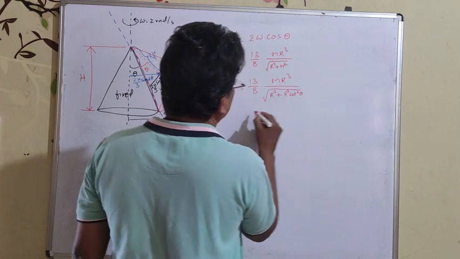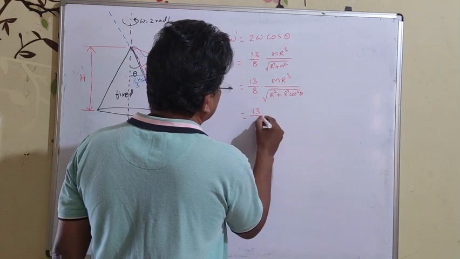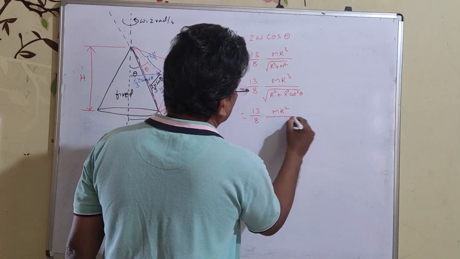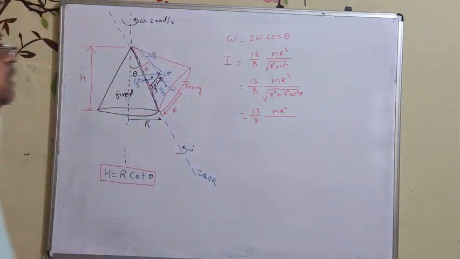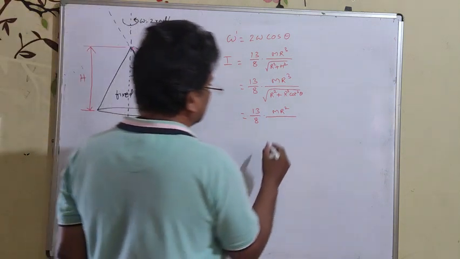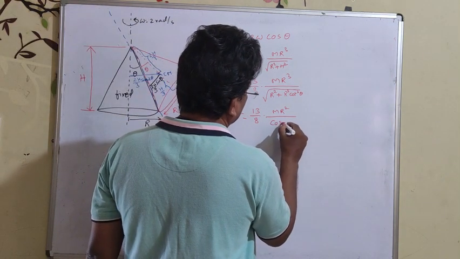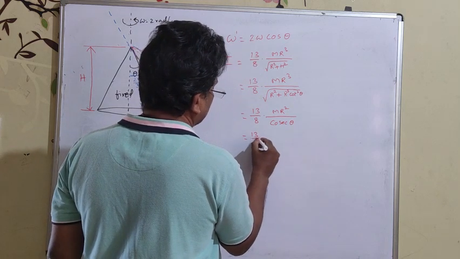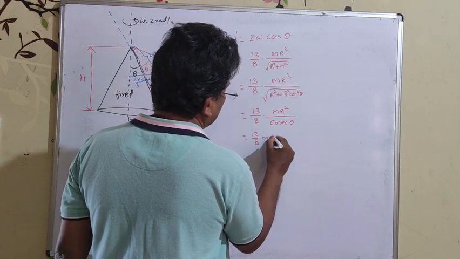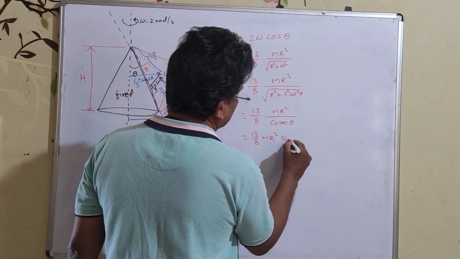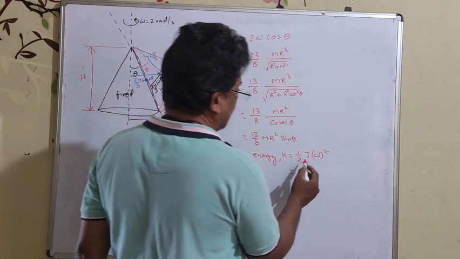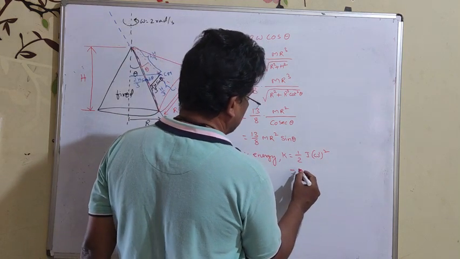So r you can take common, then it is 13 by 8 M r square divided by the square root of 1 plus cot square theta. The square root of 1 plus cosec square theta... the square root of 1 plus cot square theta is cosecant theta. Otherwise, this I can also write as 13 by 8 M r square sin theta. So kinetic energy is half I omega dash whole square.